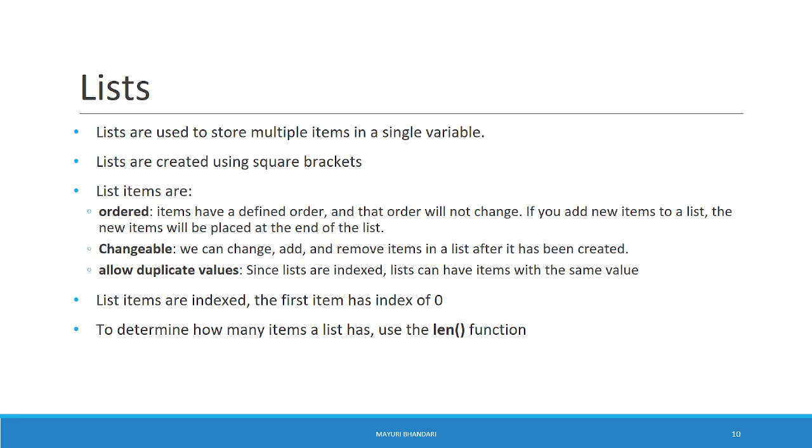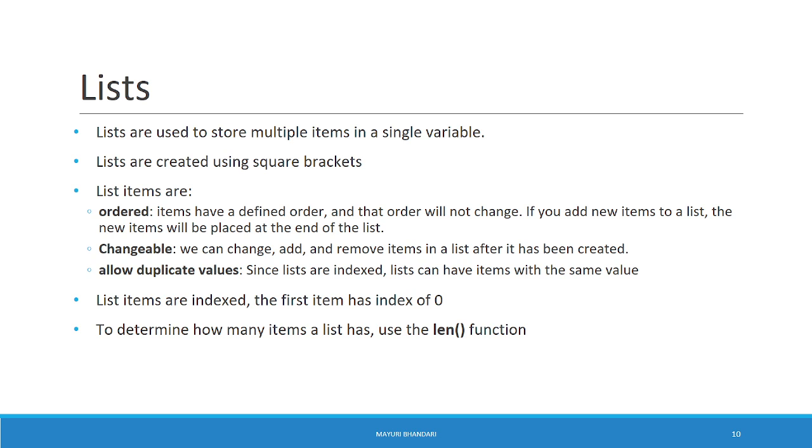Array is a collection of homogeneous data, a single data type, stored in contiguous memory. So array is basically a collection of elements of the same data type. List is also a collection of elements, but not necessarily of the same data type. You can store elements of different data types in a list.